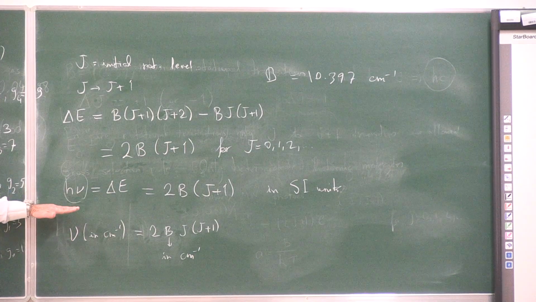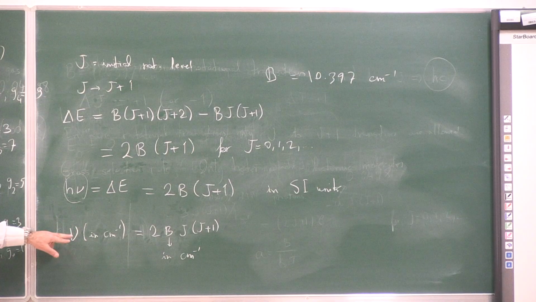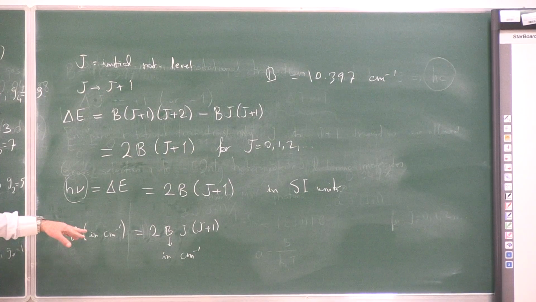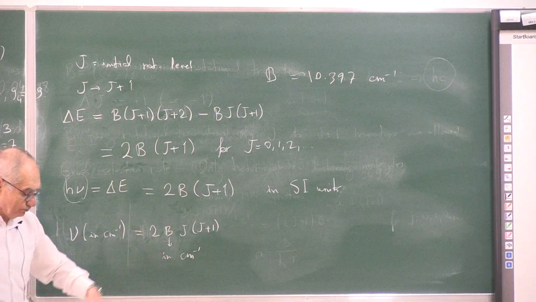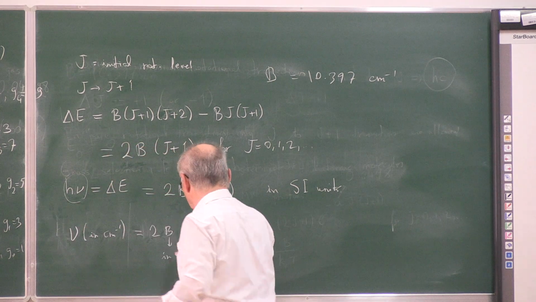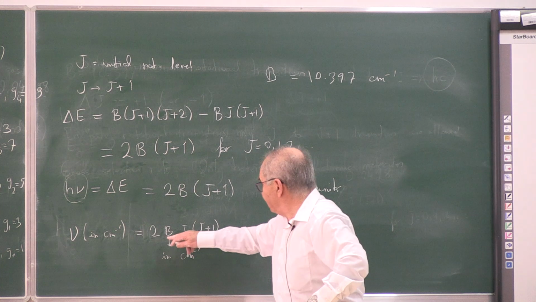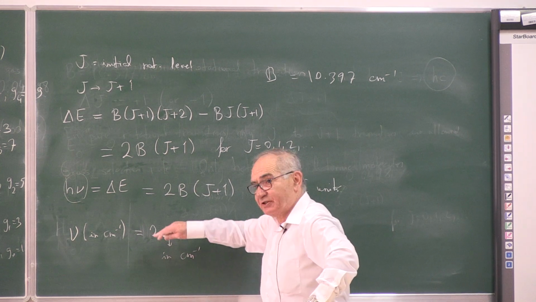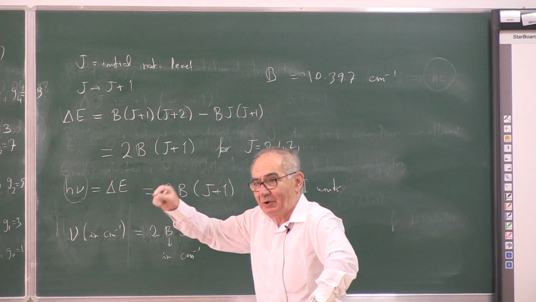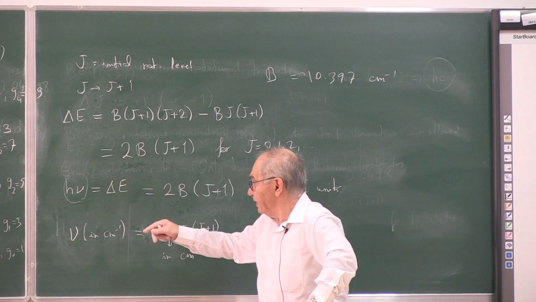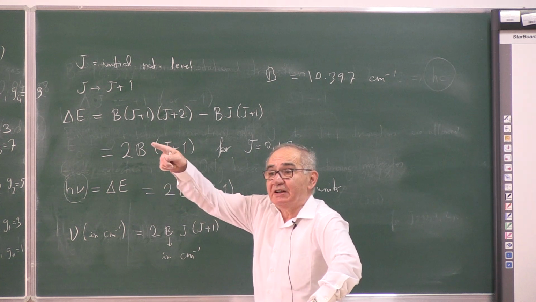It is the same expression, but the units are different. Light frequency in wave number unit is equal to 2 times B times J plus 1. You may consider this expression, right side, either as frequency of light in wave number unit, and if you want to convert it into hertz, what's the conversion factor?